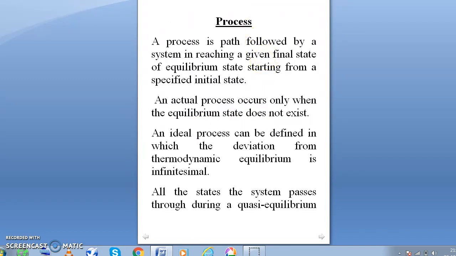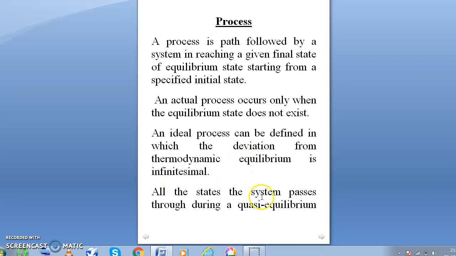Next we have thermodynamic process. A process is the path followed by a system in reaching a given final equilibrium state, starting from a specified initial state. An actual process occurs only when the equilibrium state does not exist. An ideal process can be defined in which the deviation from thermodynamic equilibrium is infinitesimally small.